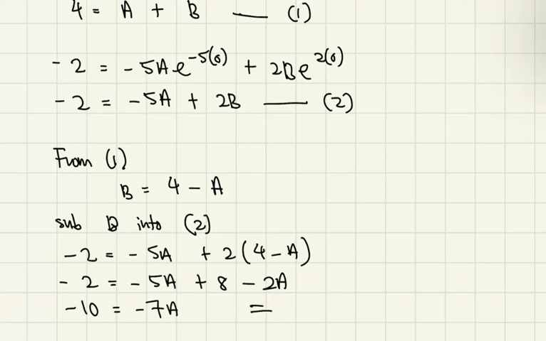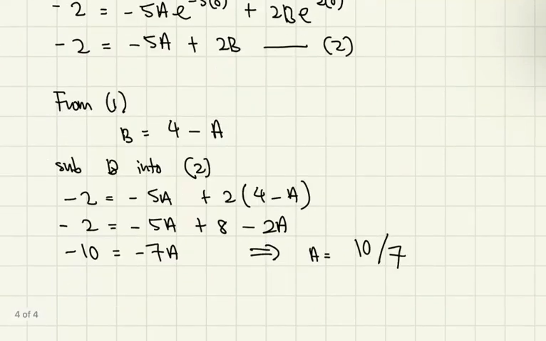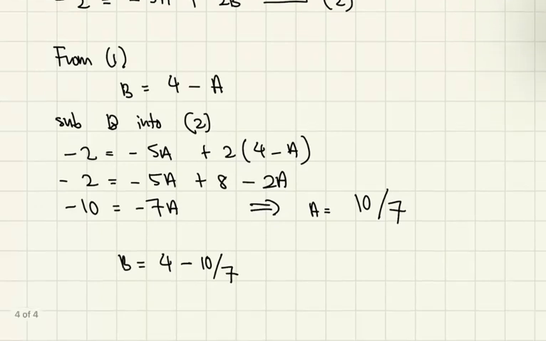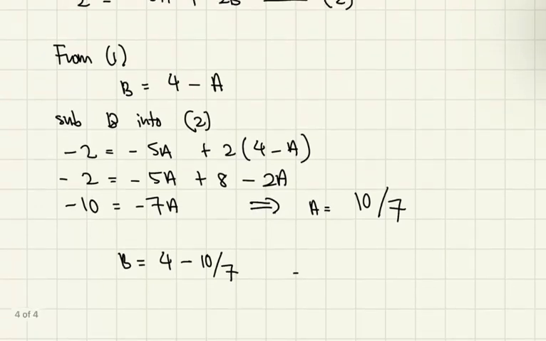Hence a equals 10 over 7. So b equals 4 minus a, so 4 minus 10 over 7. This is equal to 28 over 7 minus 10 over 7, so this is 18 over 7.